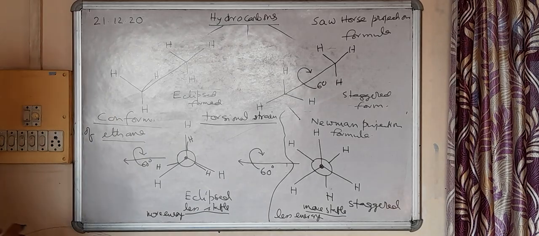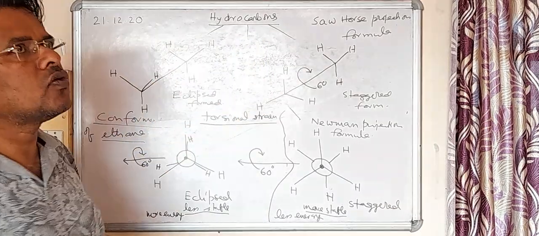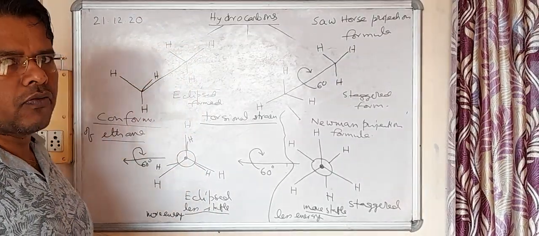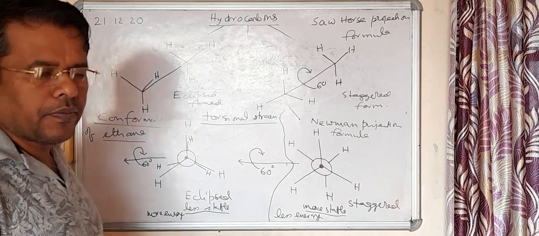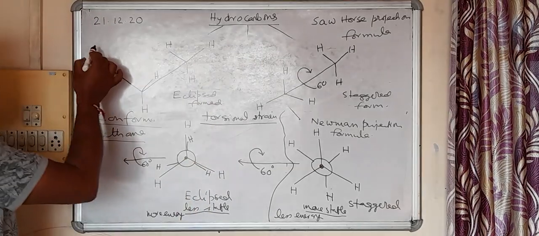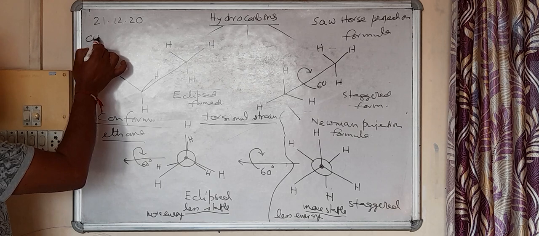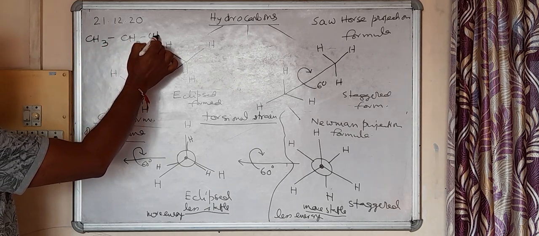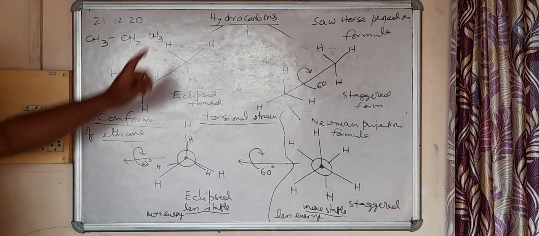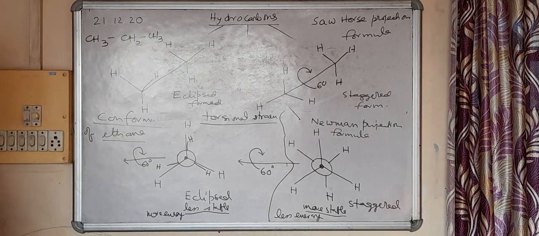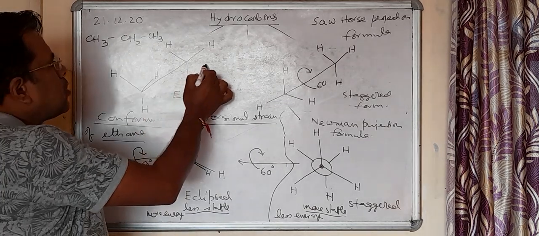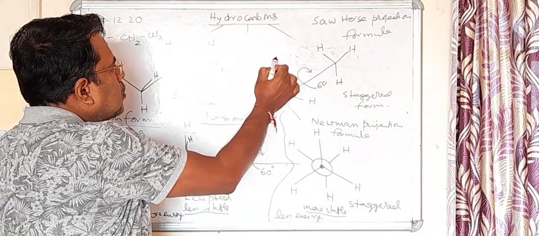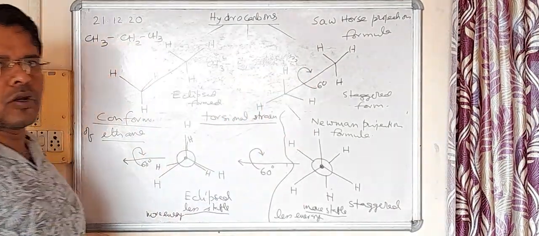In the same way that I have shown you for ethane, you can also try to draw the conformations of other hydrocarbons. Suppose after ethane you are asked to draw the conformation of propane, or the conformation of butane, and so on.